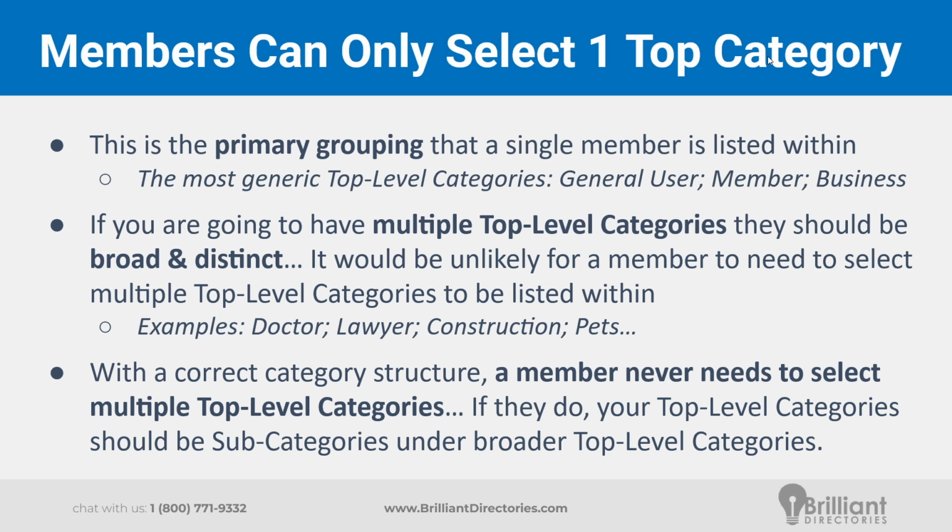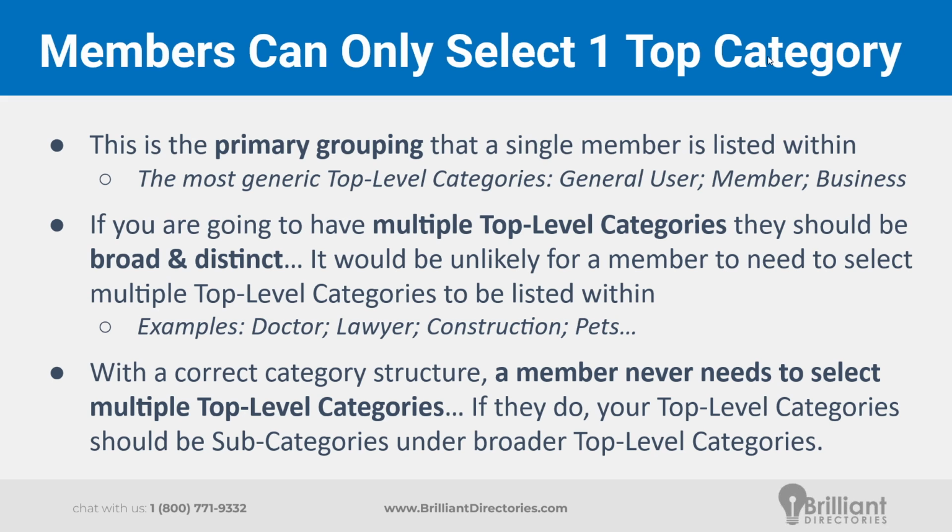Going right on into the primary question here, members can only select one top level category. Again, this is the primary grouping or main bucket that a single member is listed within on your website. So the most generic top level categories would be things like general user, member, business, things like that.